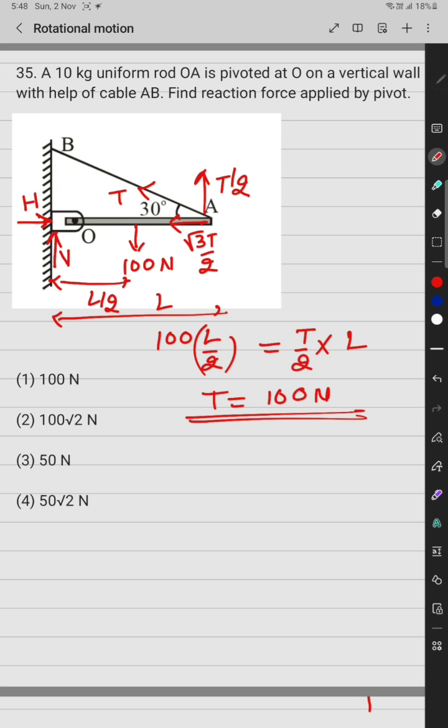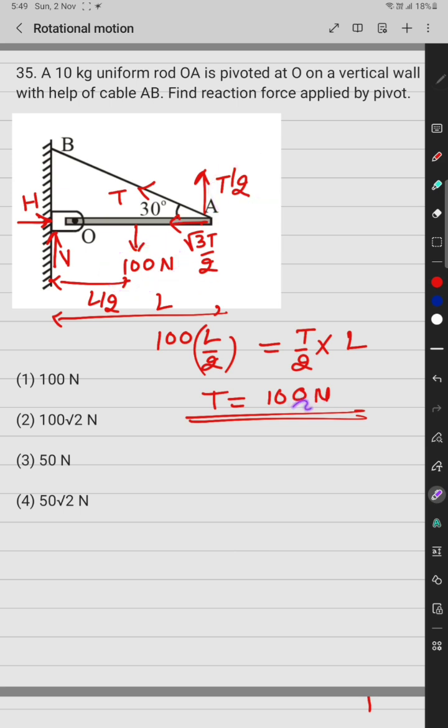But what is asked here is to find the reaction force on the pivot. The total reaction on this pivoted end will be the sum of H and V, the horizontal component as well as the vertical component. The vertical component is the difference between 100 and T by 2: 100 minus T by 2.